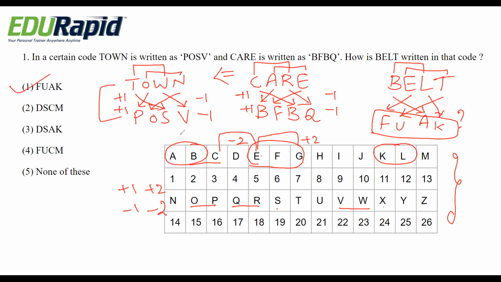Like that you have to note down. Also remember here the first and third elements are decreasing and the second and fourth elements are increasing by the next letter. So here the right answer is FUAK.